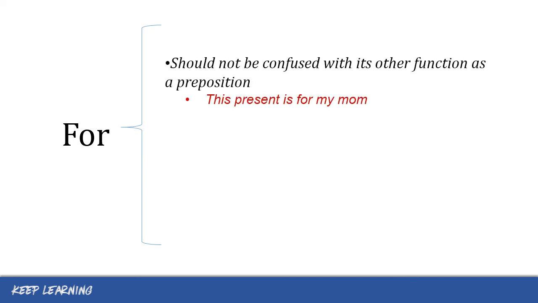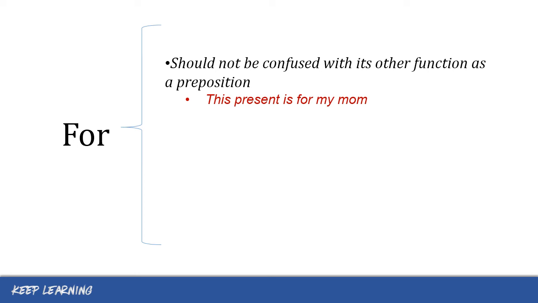Another one, for. Now for has many uses in English. You should not confuse it with a preposition, which, you know, for can mean por or para. In that case it's a preposition.